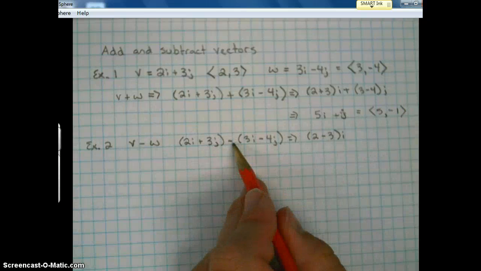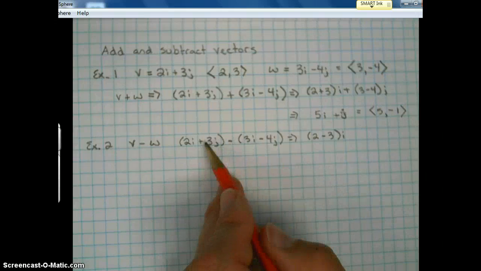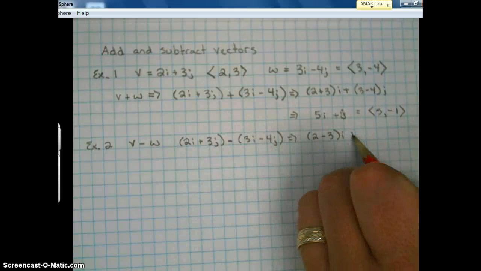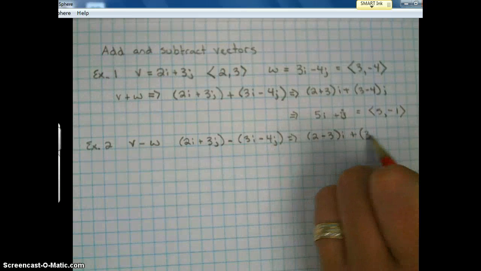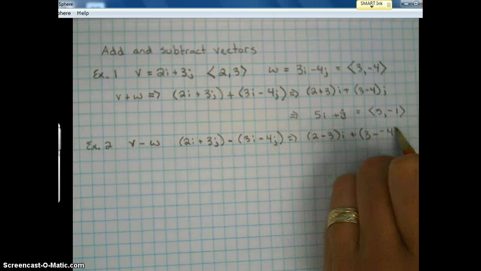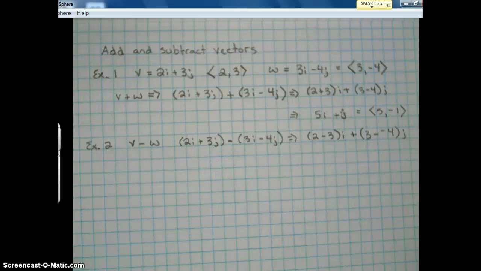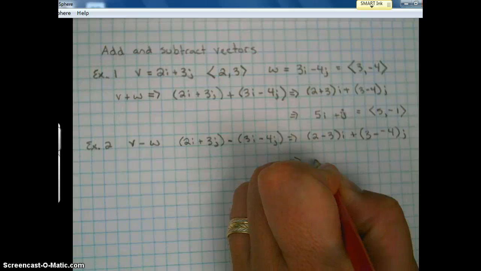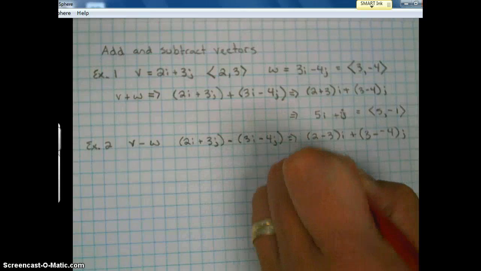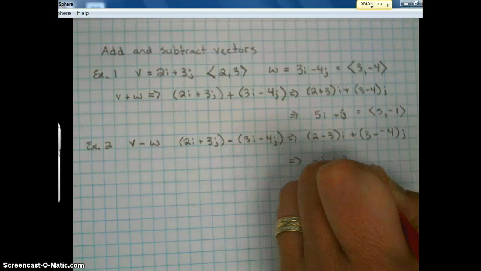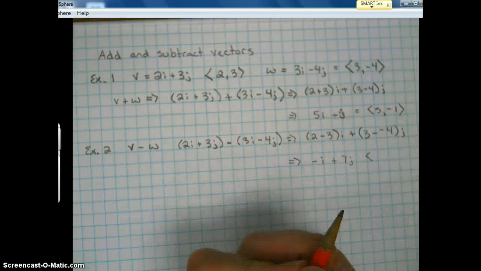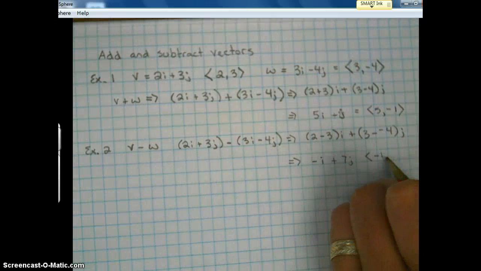Now we're subtracting this, so we're going to write 3 minus negative 4. So we're going to add, but it's going to be 3 minus negative 4. Those are components of j. This is going to yield negative 1i plus 7j. Algebraically speaking, negative 1, 7.